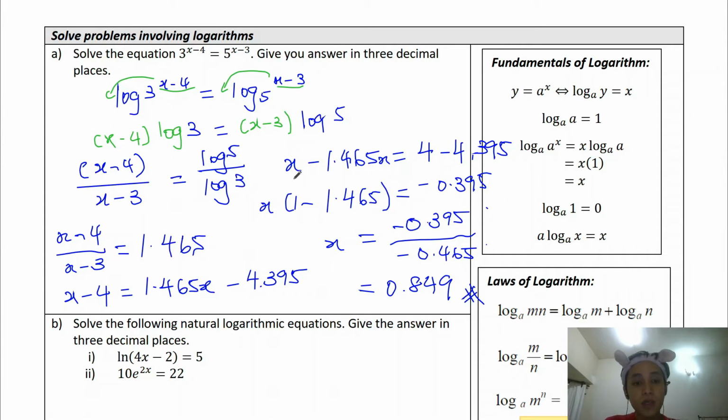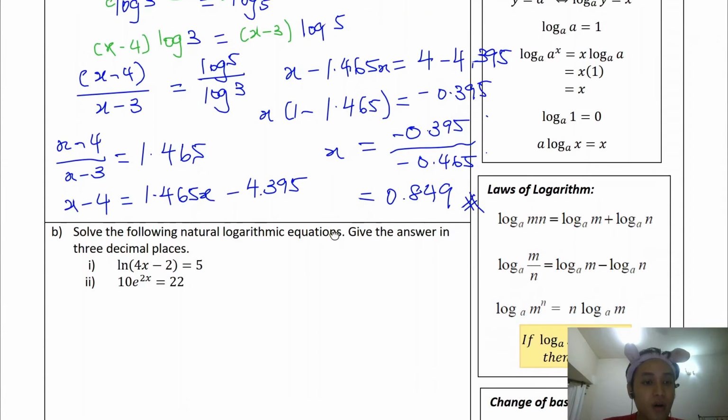So technically both ways can be used to calculate, just that this one is slightly more risky because of the decimal points here. If you convert it too early on, your final answer might be slightly different. So it's best that you use the earlier method, although it's much more troublesome, but at least you know the final answer that you get will be the most accurate one. Alright, so that is the first question solved.